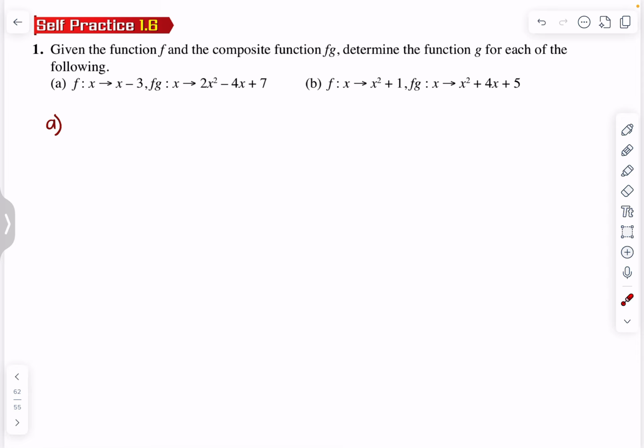So in this case, what we can do is, they gave us f(x), they gave us their version of fg(x). So we can find our own version of fg(x). If f(x) is x minus 3, f(y) is y minus 3, fg(x) would be g(x) minus 3.